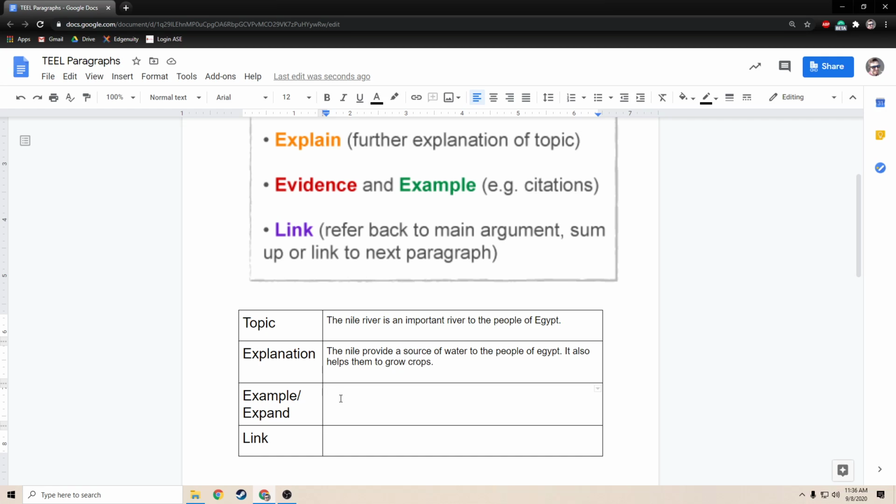In this example, explain and expand, as well as sourcing. This is where I would include any quotations that I found on the outside internet. So, for example, I would put, the Nile has excellent soil and is used to grow food such as wheat and barley.